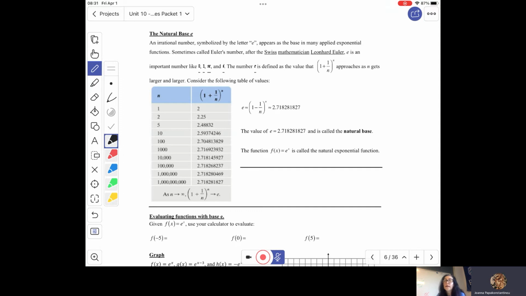So let's go ahead and let me see if I can share here. Let's see. I want a window. I want this one. And there we go.